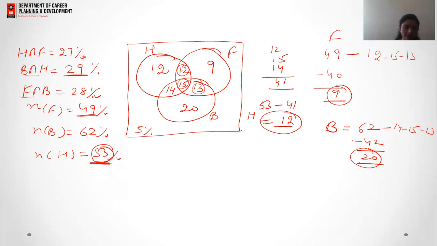Now the second part is to find the number of students who like watching all the three games. First, we found that 15% of the students like all the three games, and the total number of students is given to us as 500. So what is 15% of 500? That comes out to be 75. It means 75 students like all the three games.